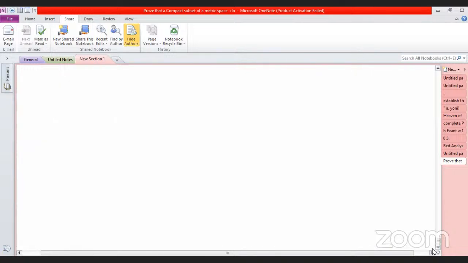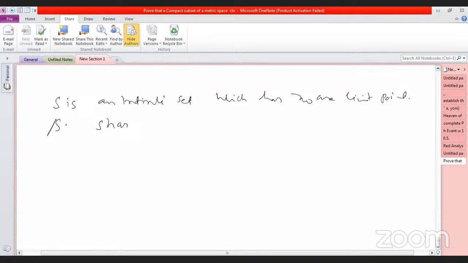So S is an infinite set which has x naught as a limit point. S has no other limit point.